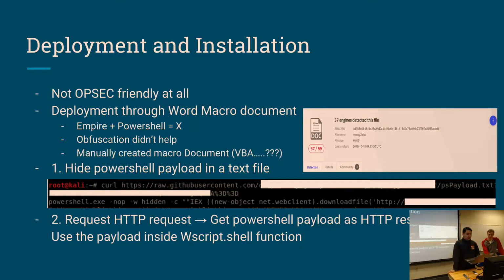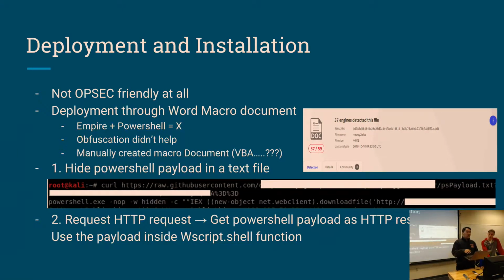So the first thing that I noticed is having a PowerShell payload inside the macro document is an automatic red flag. The antivirus does not like it at all. So what I did was I put the payload inside a text document and host that text document on my server. In this case, I used GitHub for testing, but you can host anywhere pretty much.